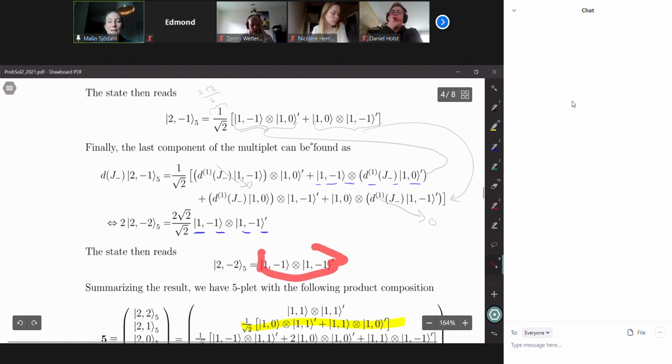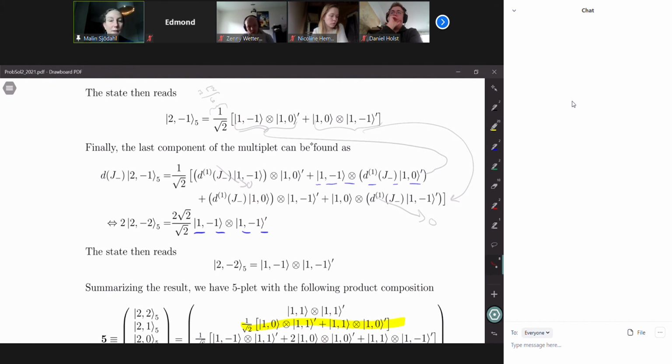is exactly this state. And here it comes to a point where I think that some of you are maybe thinking, couldn't we write down that already? Because we know that it must be the case. You're completely right. So in a sense, this piece of algebra here was unnecessary.